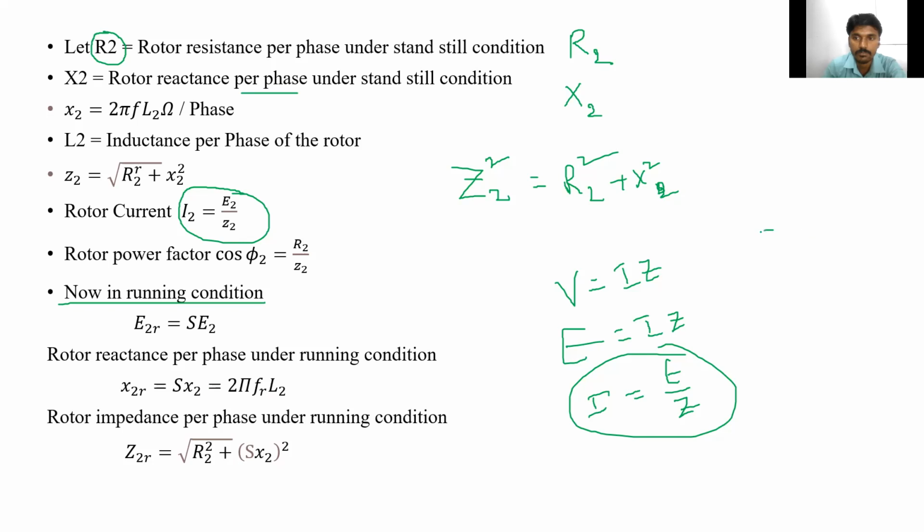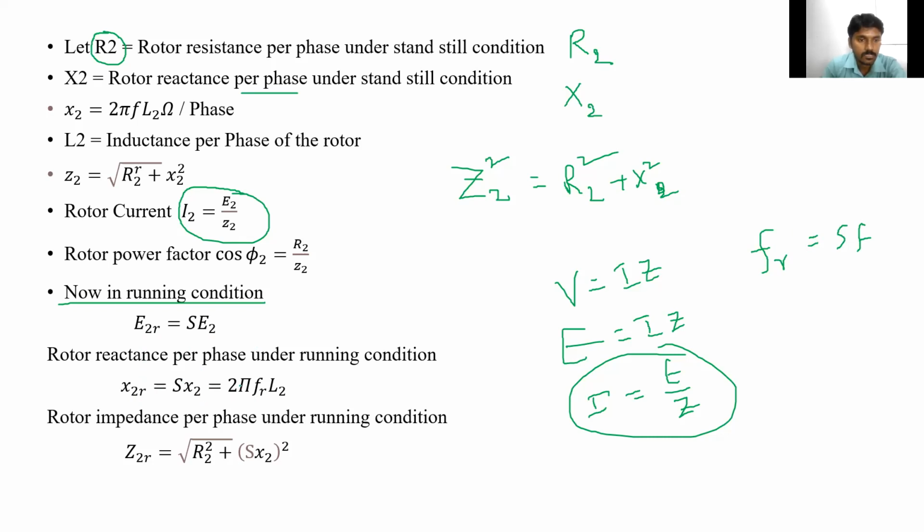Just as we wrote fR is equal to S into f, based on this equation we can write E2R is equal to S into E2, and X2R is equal to S into X2. X2 is nothing but the reactance, equal to 2 pi f L.